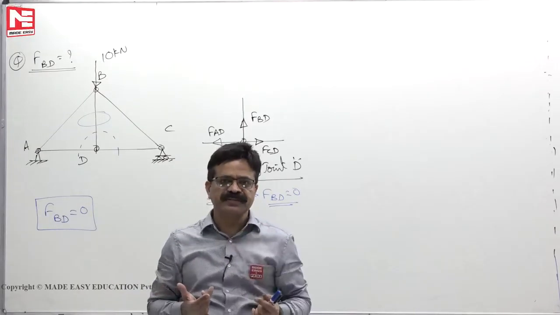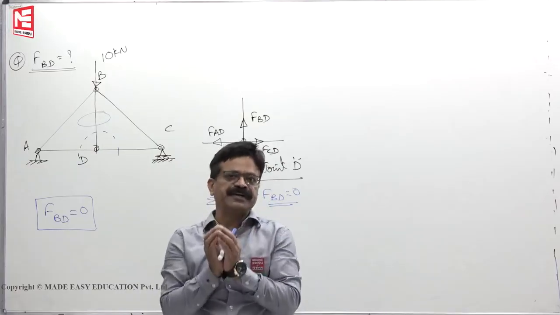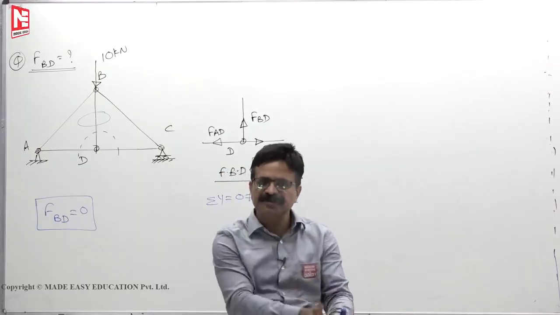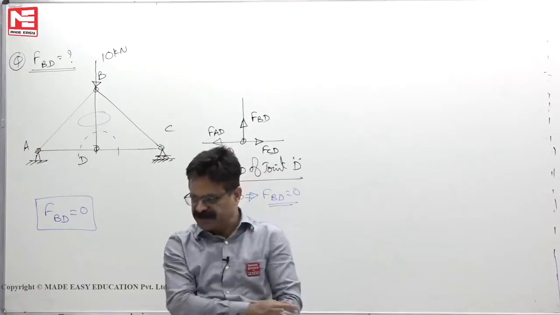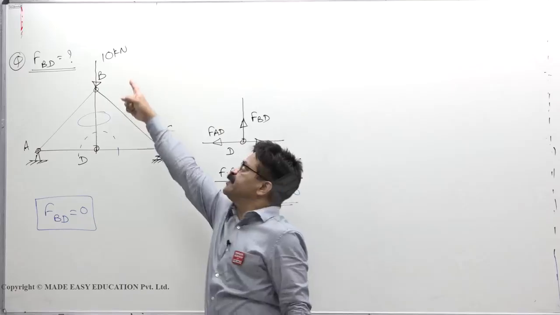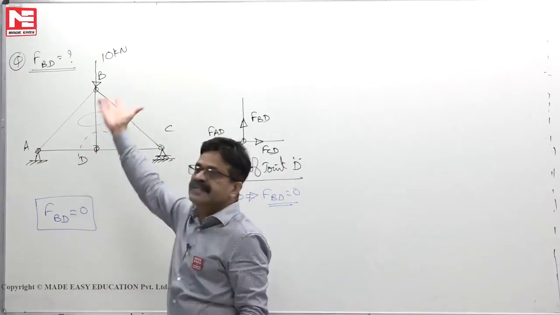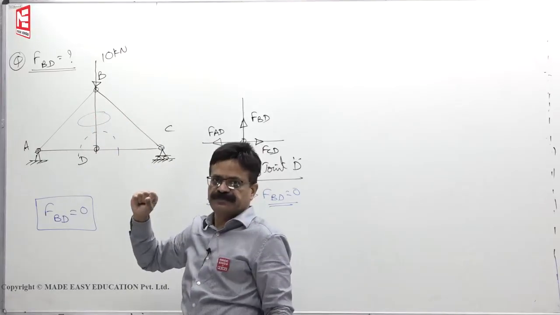Already you have removed it. So again, that means for a particular period of time, force on this member may be 0, but that does not mean that it is a waste member. Some other time, some other forces may come, in such cases that only should take. Here also same way. For this loading only it is 0, for some other loading it will take the load. Maybe wind load is acting, say. Then this member BD will resist that load.